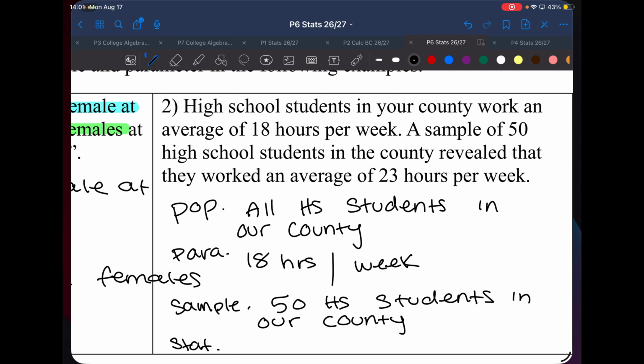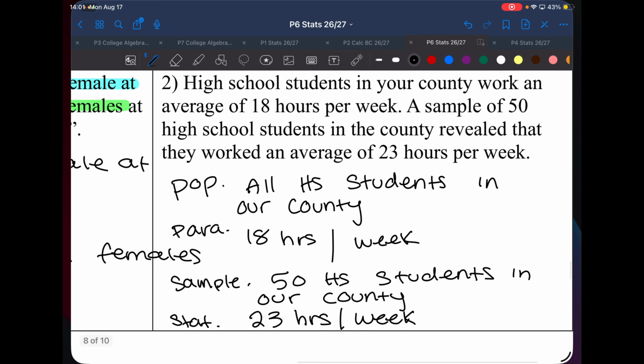And then group 4, what is the statistic? 23 hours per week. Okay, perfect. So this is a common question. I believe there is a question like this on your homework. You have to be able to identify these 4 things. Any questions?